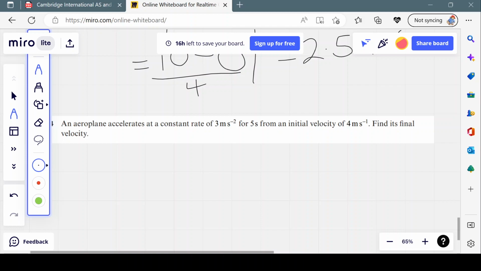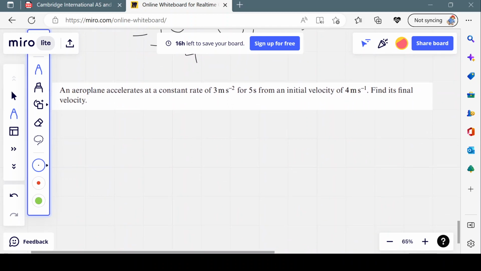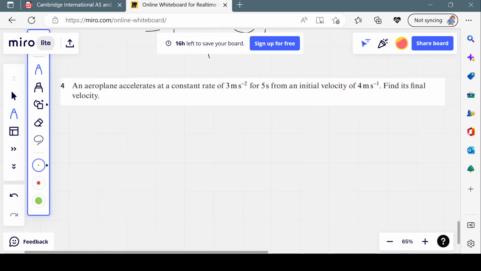An aeroplane accelerates at a constant rate of 3 meters per second squared for 5 seconds from an initial velocity of 4 meters per second. Find its final velocity. So this time we're not looking for acceleration. We've been given the acceleration, the time, and the initial velocity.